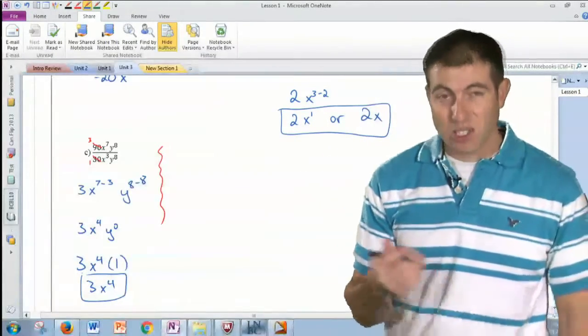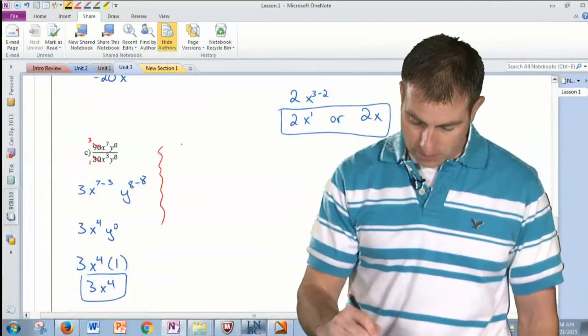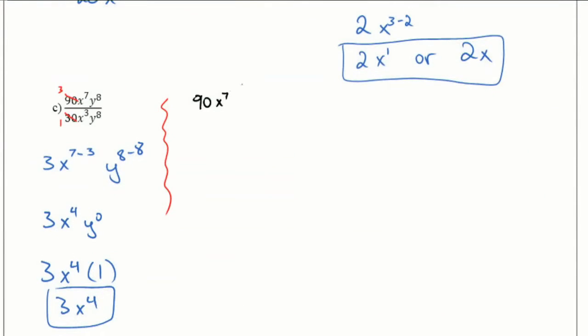The way that I usually do it, kind of the way that works in my brain, is if I just rewrite this, 90x to the 7, y to the 8, over 30x to the 3, y to the 8. I kind of like canceling things when I have division. So I would go 90, 30 is going to go in there 3 times, 30 is going to go in once.